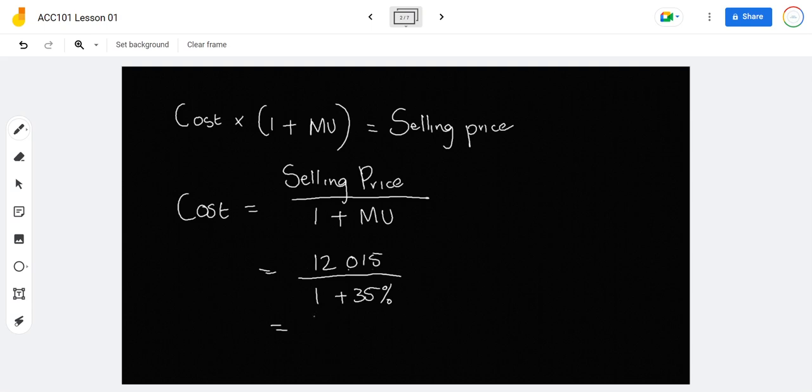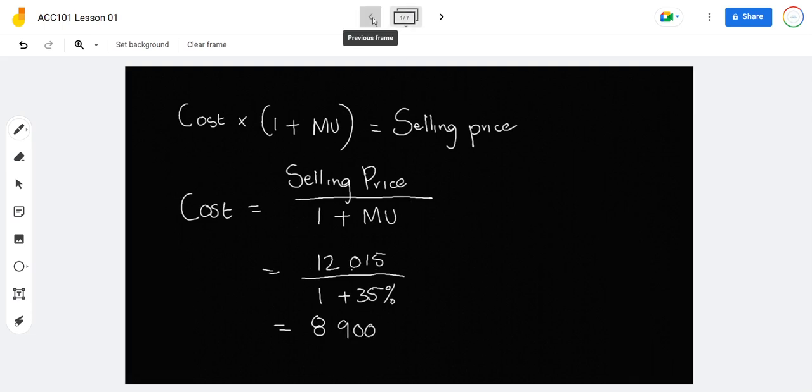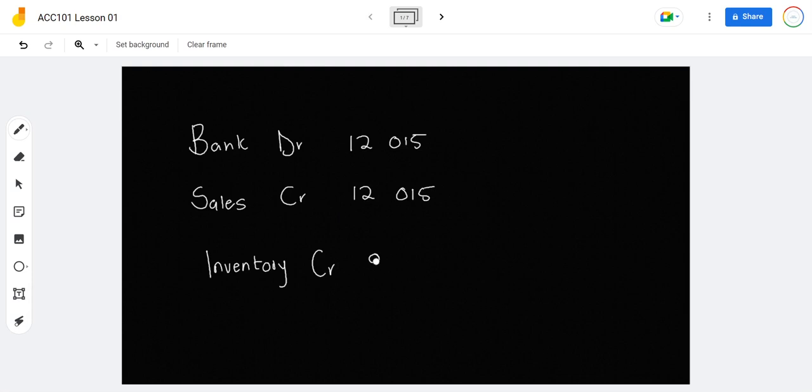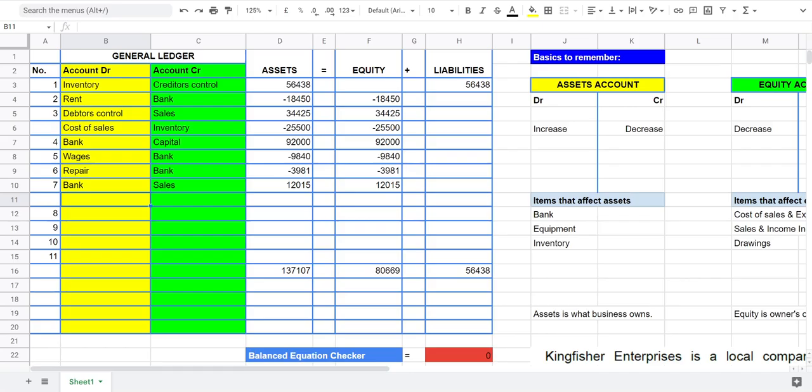And that is going to give us 8,900. So the stock that has left the business is worth 8,900. Of course, we must not forget cost of sales, which is going to be debited 8,900.